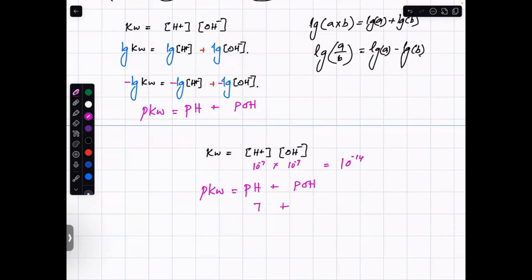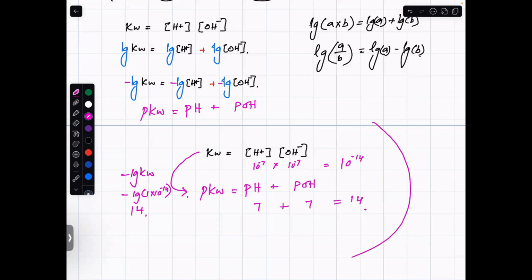It is 7 plus 7. It is 14. If you take the negative log of this, it becomes pKw. It's the same thing. Negative log of 1 into 10 power minus 14. It's 14. That's it. So this is just for explanation.